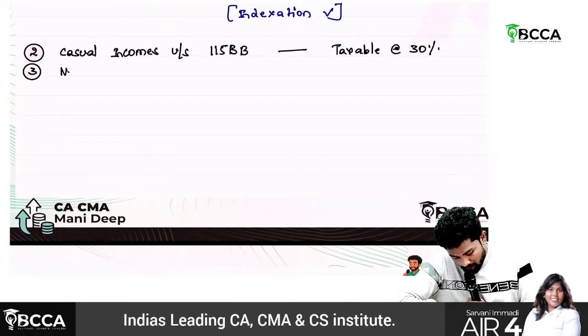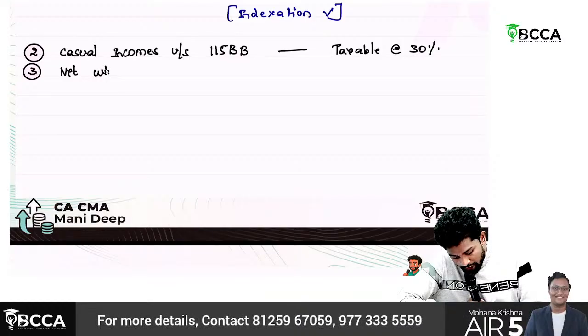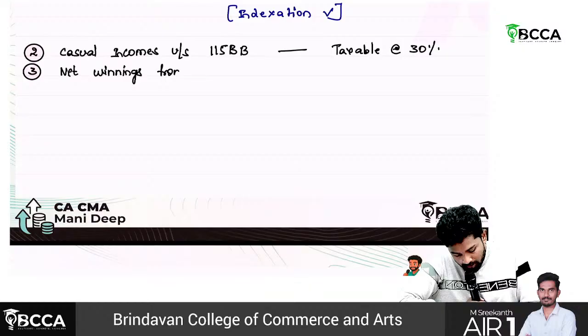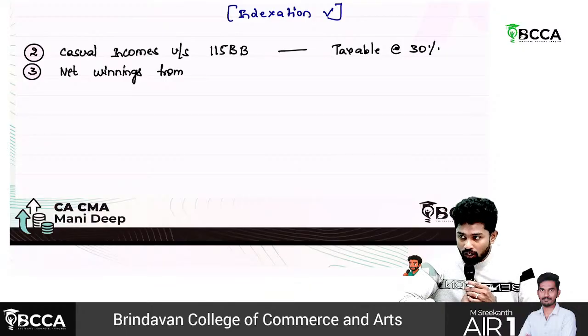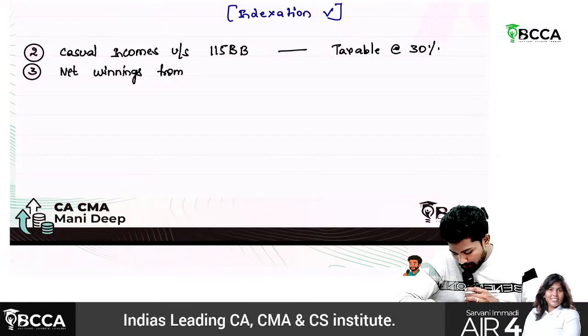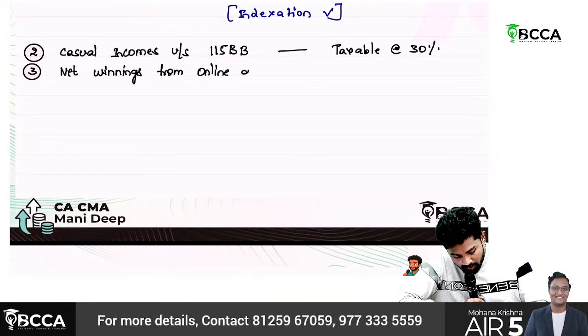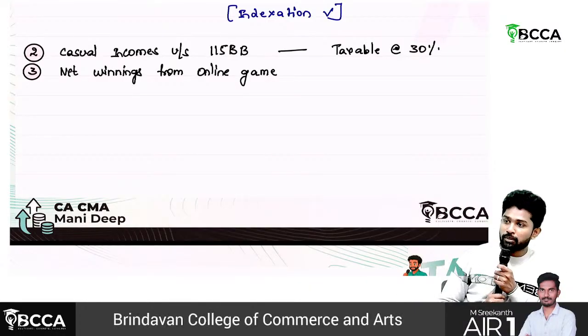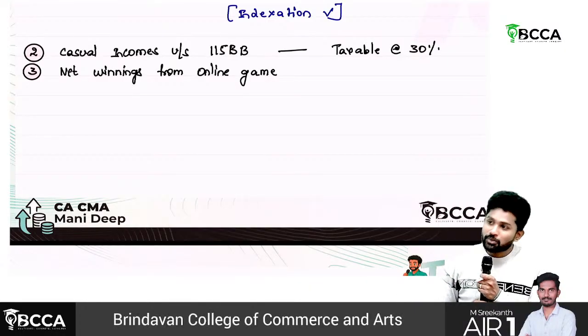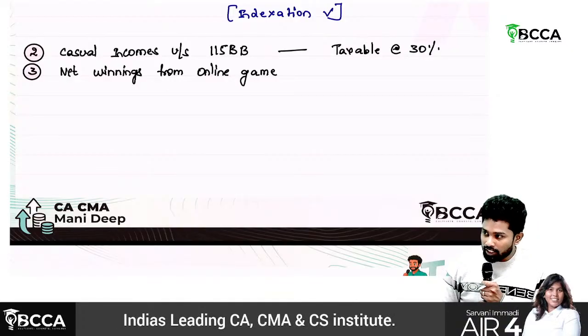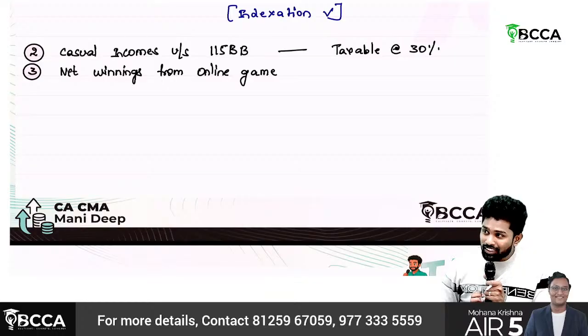Then net winnings from online games, because these days the bettings, gamblings, everything are online. So that's why net winnings from online games. So don't ask about cricket bettings and all. These people who used to promote us are YouTubers. So from those apps, if I get revenue, that is taxable here. Those are illegal, sir. Cricket betting is illegal.